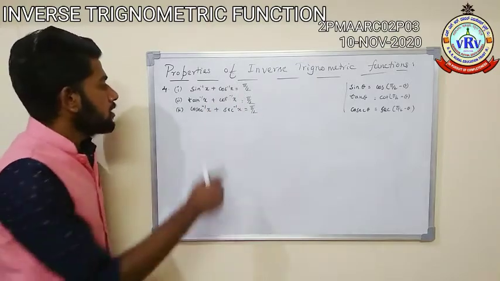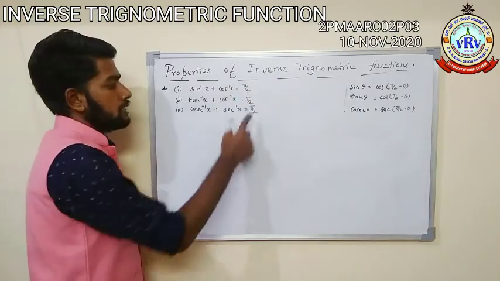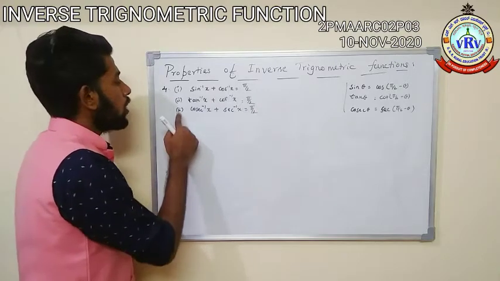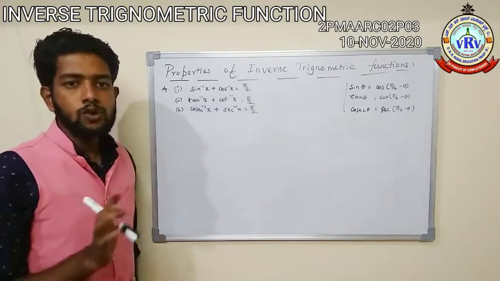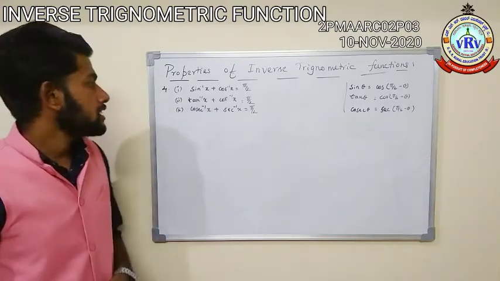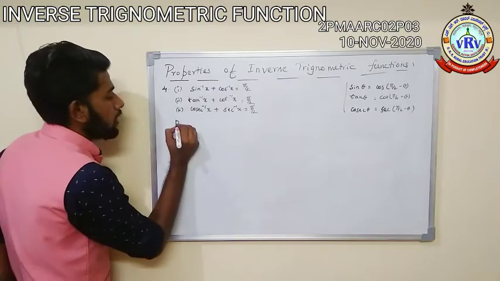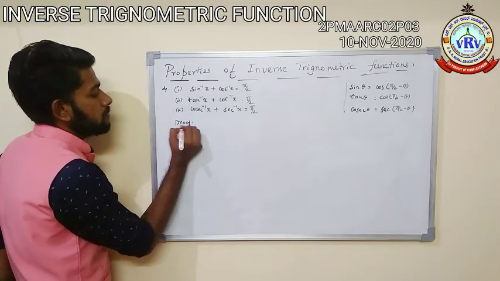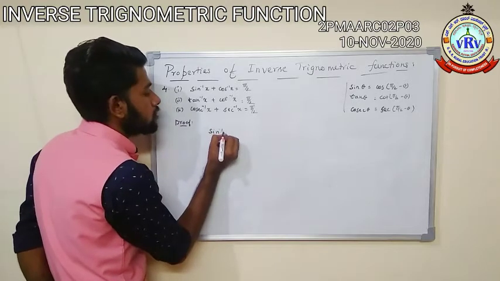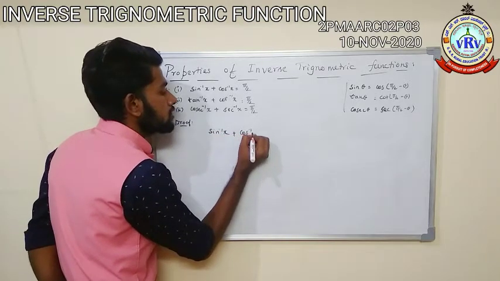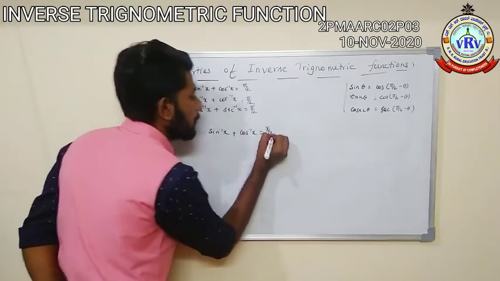I will prove the first one. The two other expressions, you have to prove; that is your exercise problem. So I will prove the first one, sin inverse of x plus cos inverse of x is equal to pi by 2.